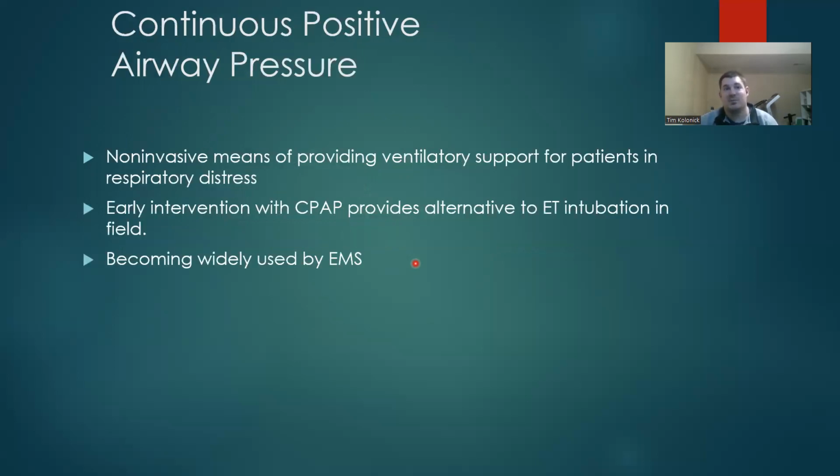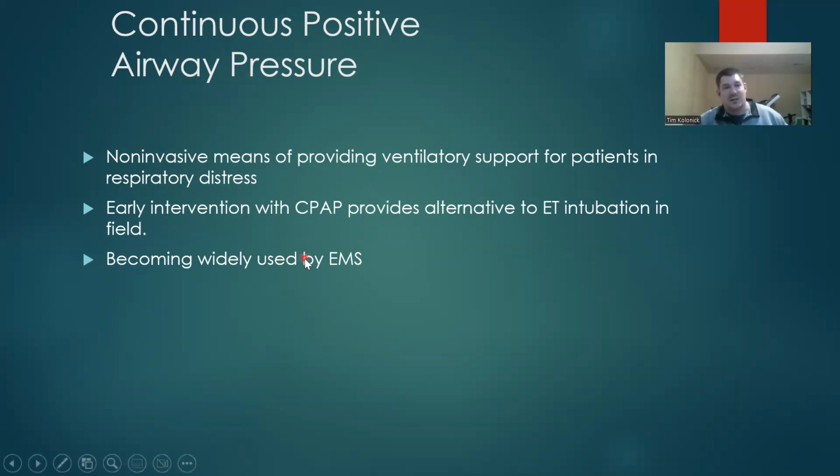CPAP, or continuous positive airway pressure, is a non-invasive way of getting ventilatory support to our patient. And they do say that if you have early CPAP, you might prevent intubation down the road. So getting that on early with your patients that are having trouble breathing might prevent them from getting too tired to breathe later down the road.